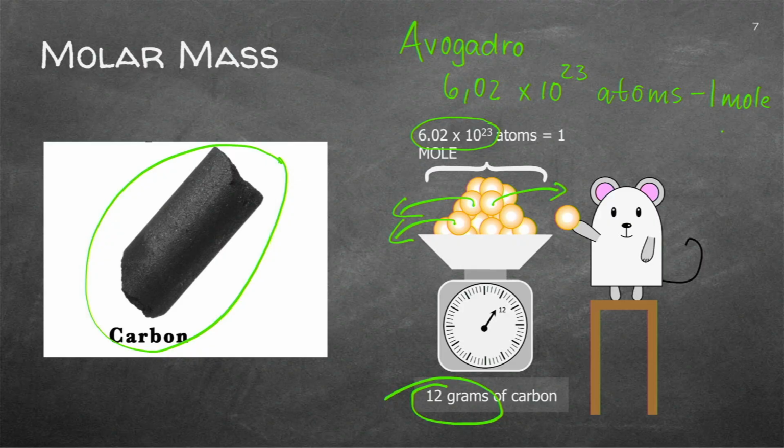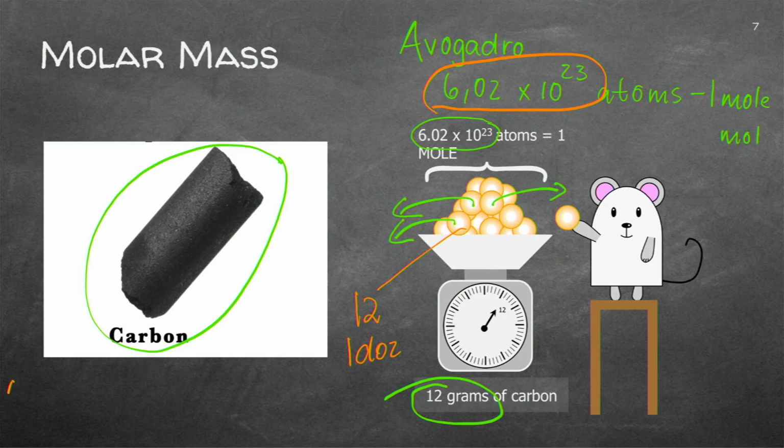And again, I'm using those two. If he had 12 atoms, it would be 1 dozen. But it's not 12. It's 6.02 times 10 to the 23. What is that number, guys? We did it in the previous lesson.